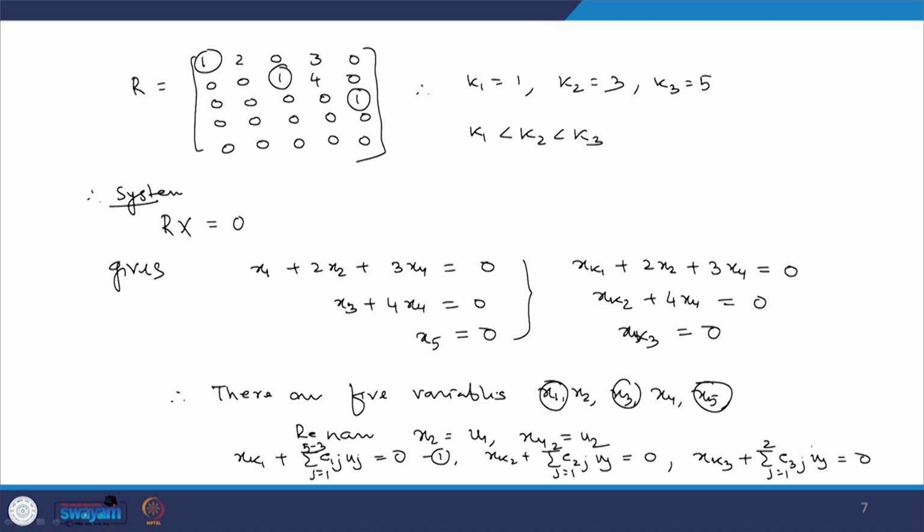So, I can write this system of equations in this form also, with x_k1 explicitly determined by assigning values to u1 and u2. u1 is my rename of the variable x2, and u2 of x4. Here x2 and x4 are treated as free variables. So, you assign one value to x2 and x4, you will get one solution.